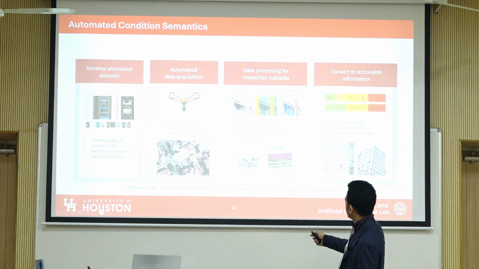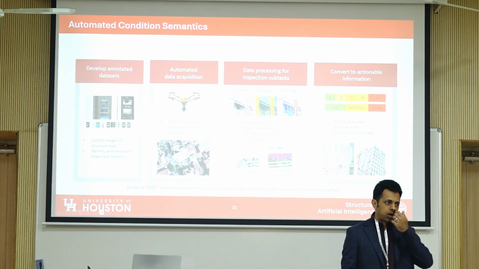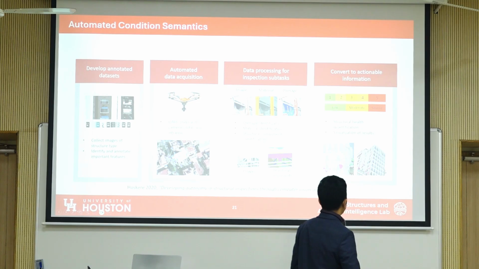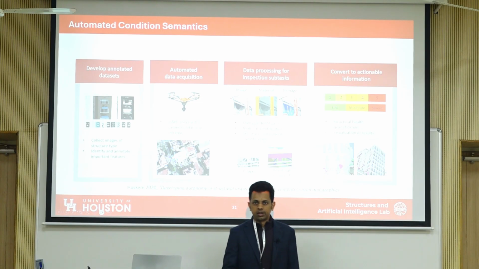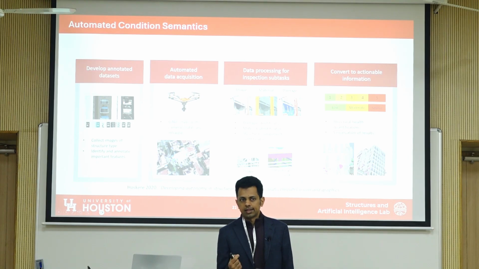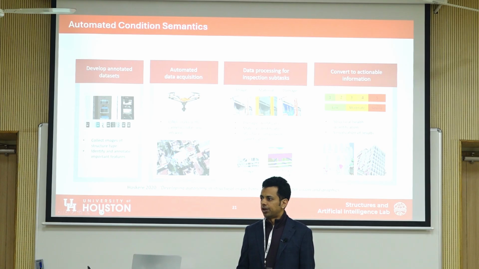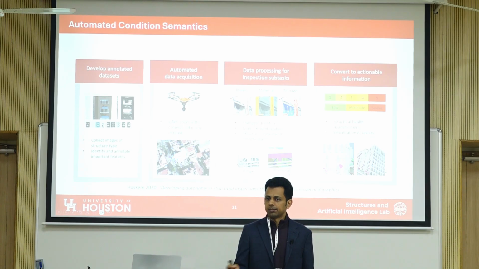All of the semantic condition information from the image can be superimposed back onto your 3D reconstruction. And that allows you to have this searchable representation of your asset that is phenomenally useful for making decisions, for persisting a snapshot of the structure in time.